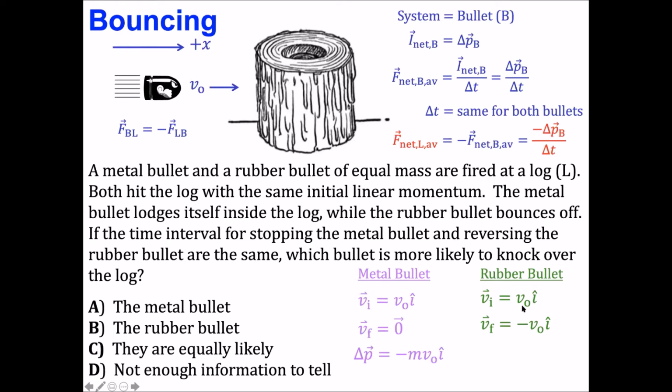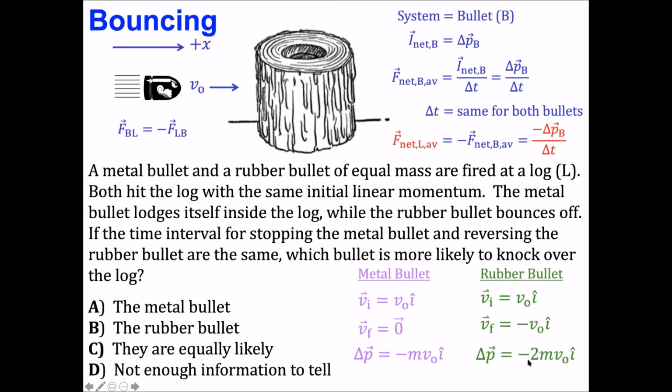So if the bullet was traveling 300 meters per second towards the log when it was striking the log, it's going to be traveling at 300 meters per second away from the log as it bounces off. So when we calculate the total change in linear momentum of the rubber bullet, we'll have to multiply the mass of the rubber bullet times its final velocity, and then subtract from that the mass of the bullet times its initial velocity.